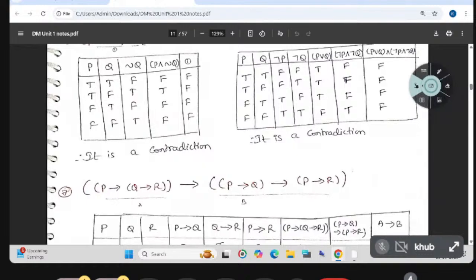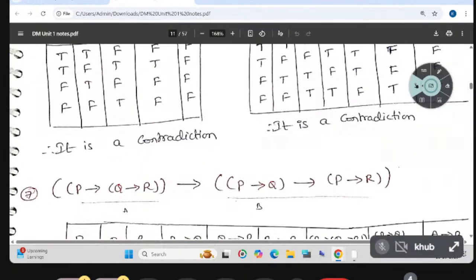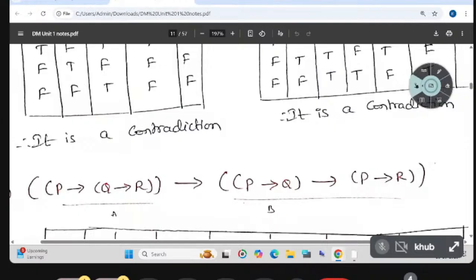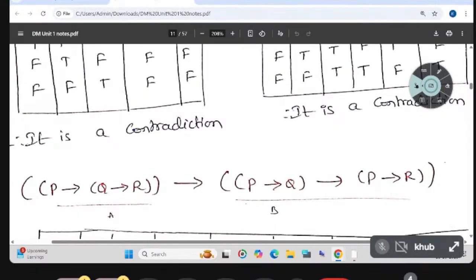Let's draw the truth table for this particular problem. P implies Q, implies R, implies P implies Q, implies P implies R. Column values P, Q, R, then P implies Q, P implies R, and P implies Q implies P implies R. Then the complete statement.